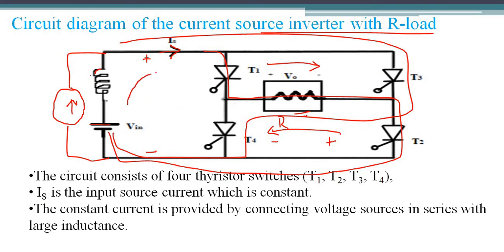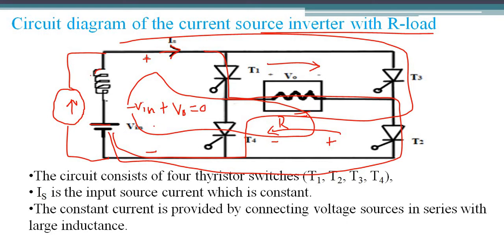If you apply KVL across this loop, we get minus Vin plus V0 equal to 0.